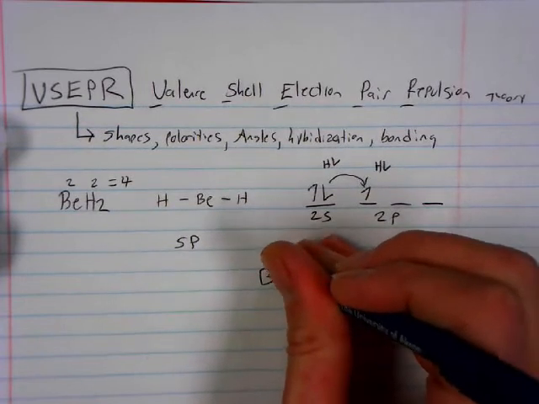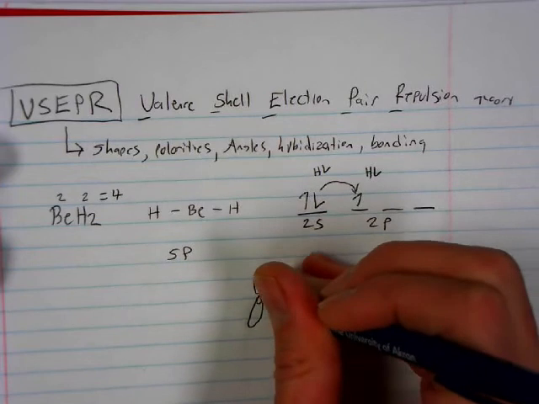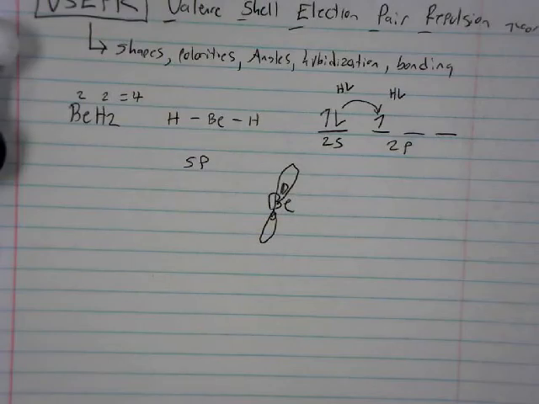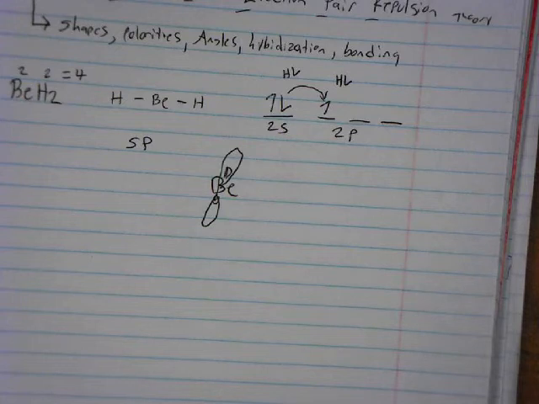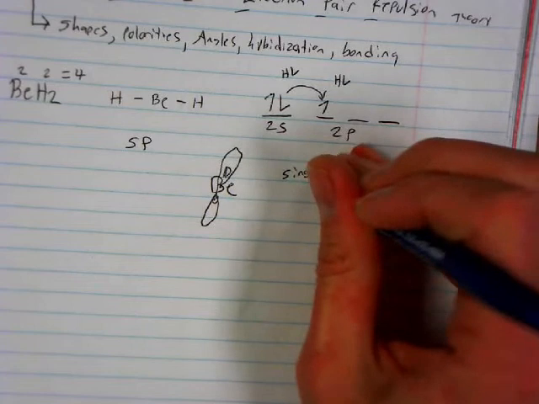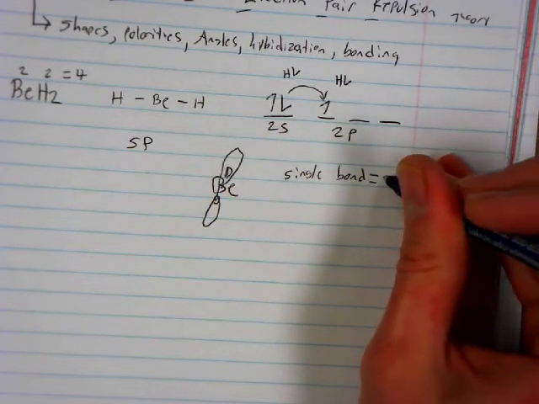So, a couple other things. What would this look like? It would look something like this. Here's my beryllium, if I was going to draw my orbitals. Remember how we did this yesterday? The little piece, then the big one, and then the little piece, and the big one, something like that, right? This is what the sp orbitals look like, an sp hybridized orbital. The little balloon and the big balloon.